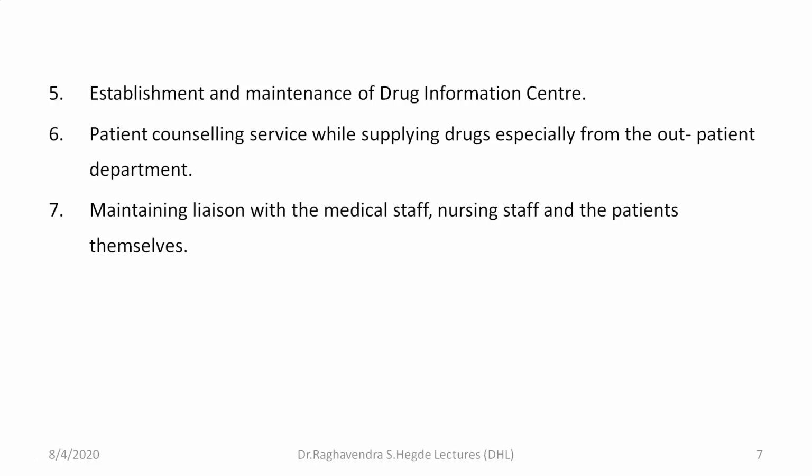So he is working in coordination with the medical staff. He's like a supportive member and a link member. He provides a link between the patient, pharmacy, all the subordinate staff, nursing staff, and the patients themselves. He provides that contact.